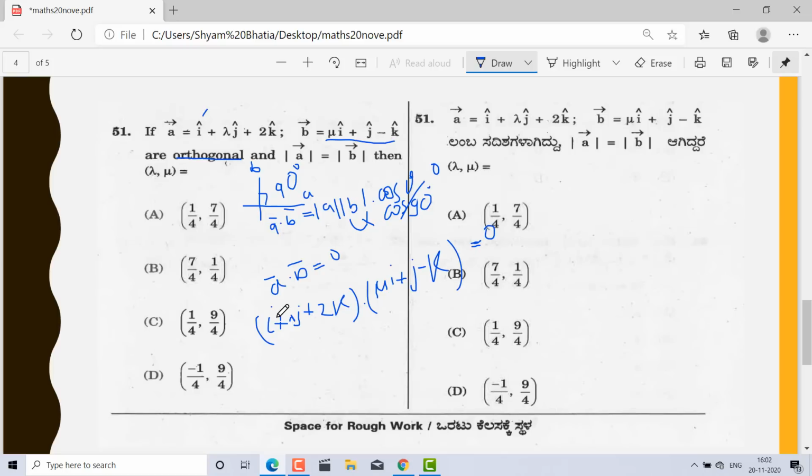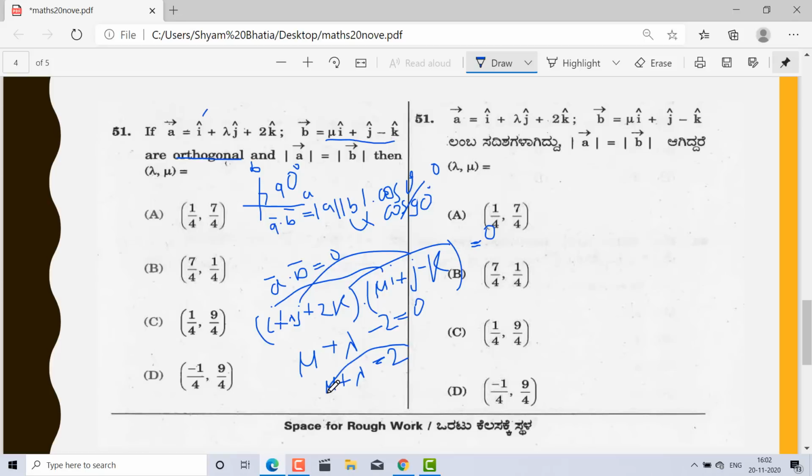But you know that i into i, j into j, and k into k only define. So mu, plus you can multiply j to j, lambda, and 2 into minus 1 is minus 2. So your value is mu plus lambda equal to 2. Yes or no? This is the 2.